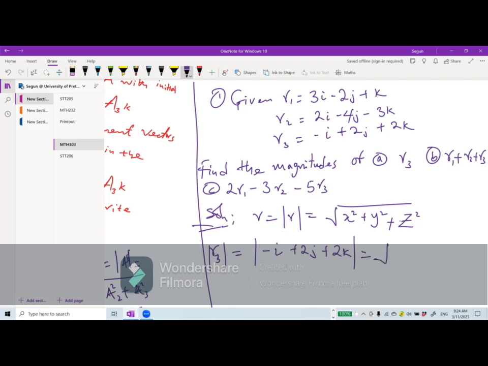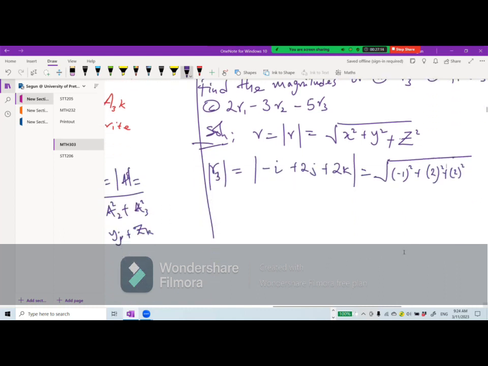Then it simply means the square root of each of them: negative 1 squared plus 2 squared plus 2 squared. So what are we going to get in this case? We have the square root of 1 plus 4 plus 4, which is the square root of 9, which is equal to 3. So we have R3 already to be 3.